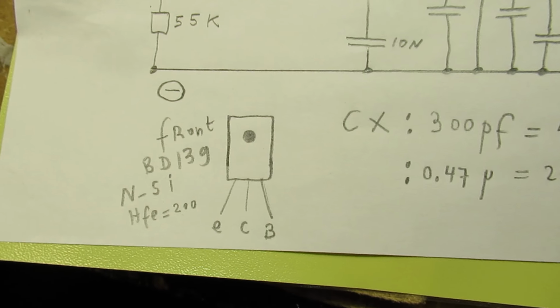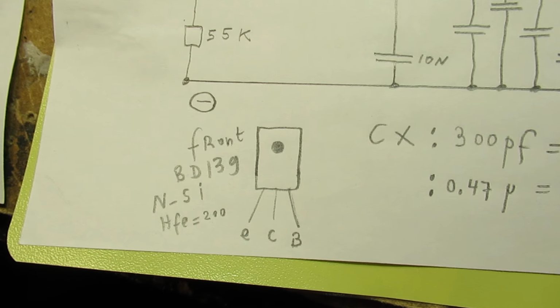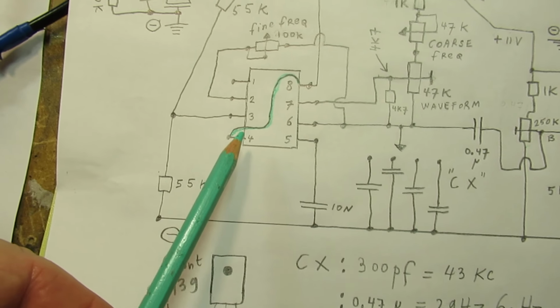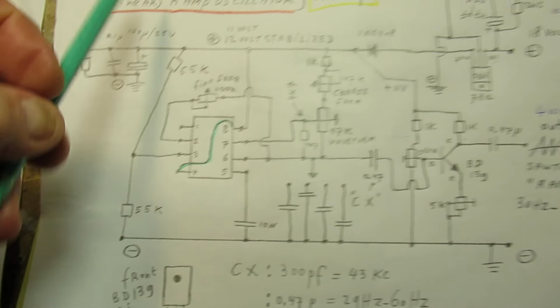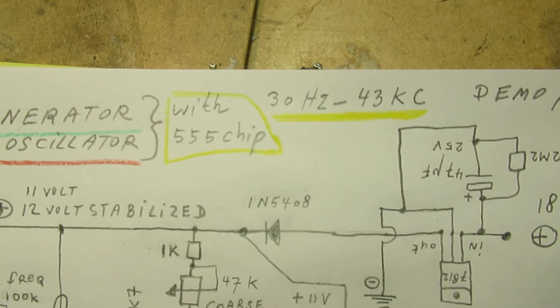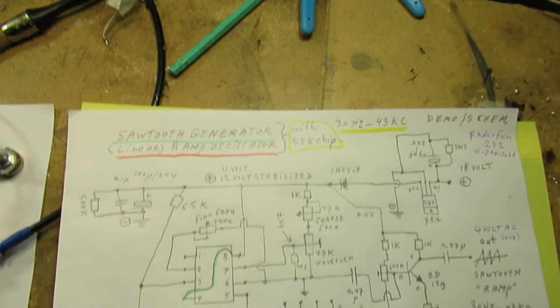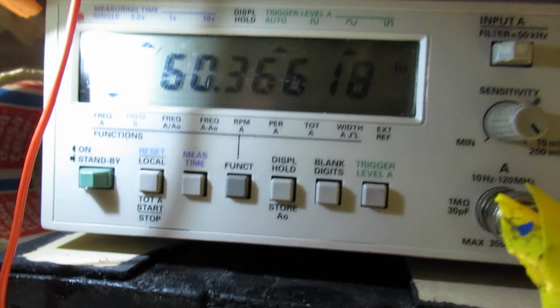Pin connections of the BD139. Here is the 555 chip, and it works between 30 Hertz and 43 kilohertz. I had not expected that, but anyway. Now we are on 60 Hertz.